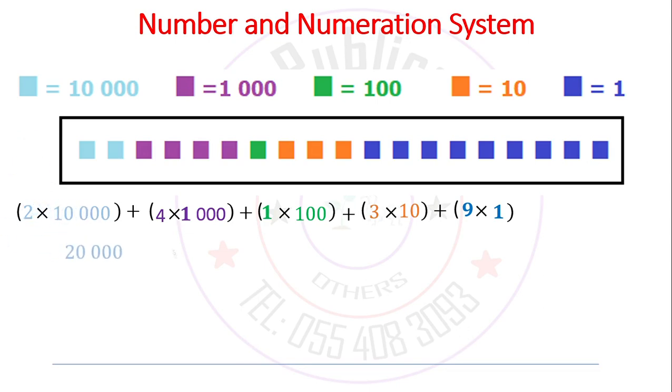You are going to get 20,000, then 4,000, then 100, then 30, then 9. Still, we have to have this lesson in order for us to meet the deadline.